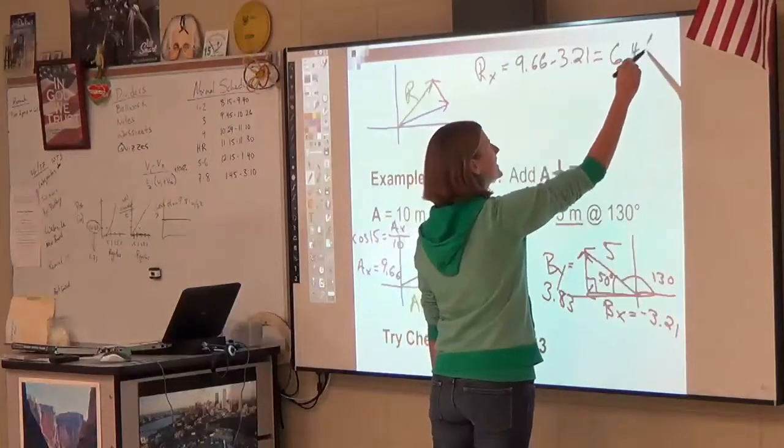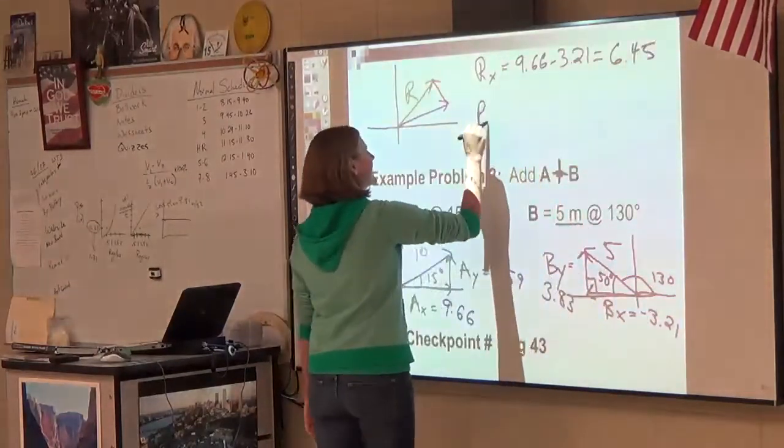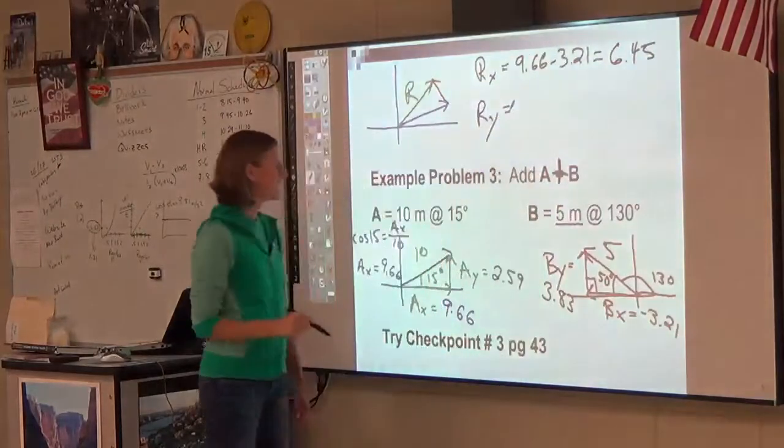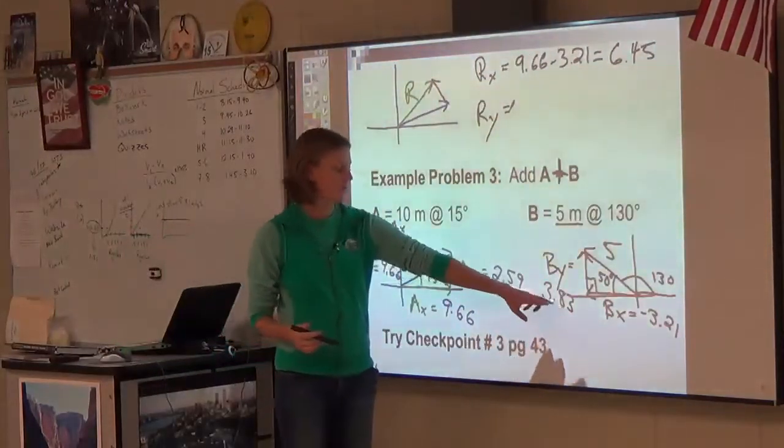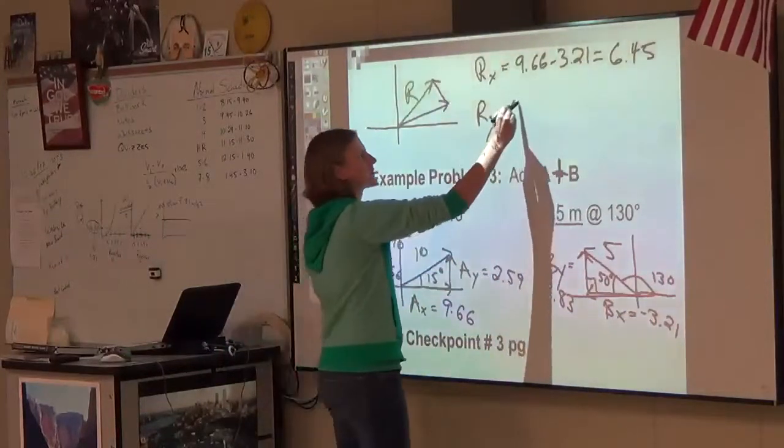Oh, yes, I don't know what I was thinking. All right, and then same for y's. Add them up: 2.59, 3.83, they're both positive. So of course, that's going up.